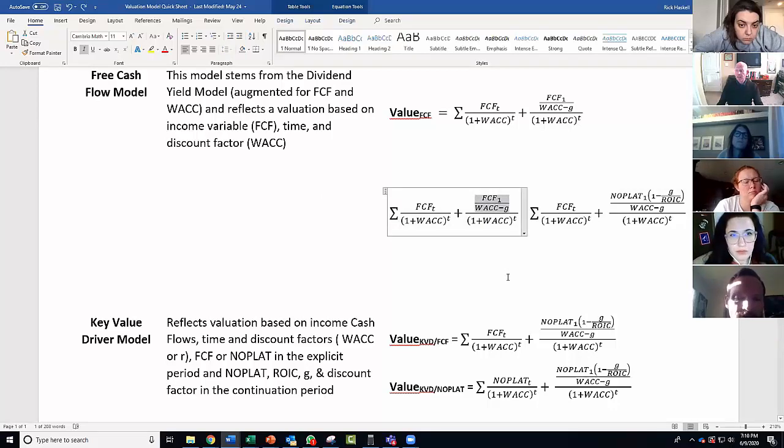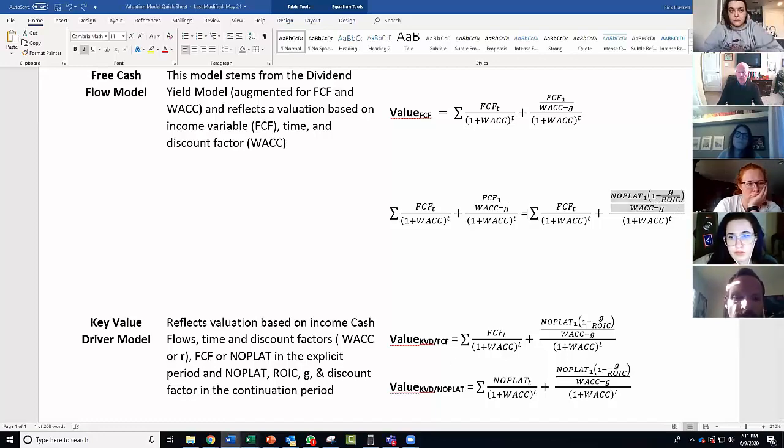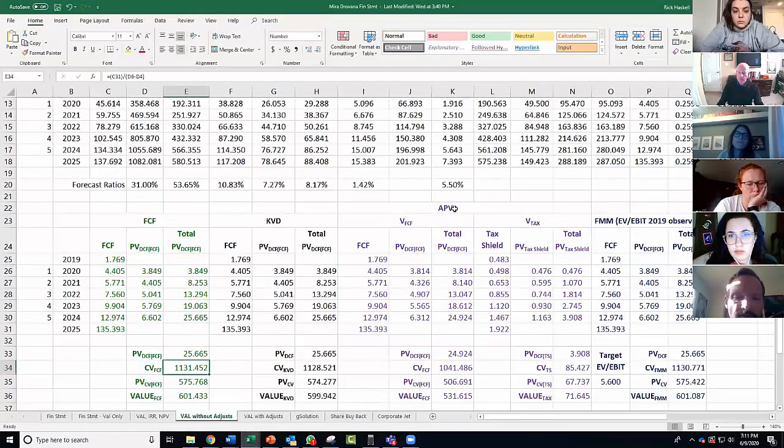And in fact, in this model, we're actually not using Gordon growth any longer, but we kind of are. We're using some cash flow variable divided by WACC minus g. That's Gordon growth. So we're really using the Gordon growth construction again, but it may give us a slightly different value. So let's look at what might be acceptable here.